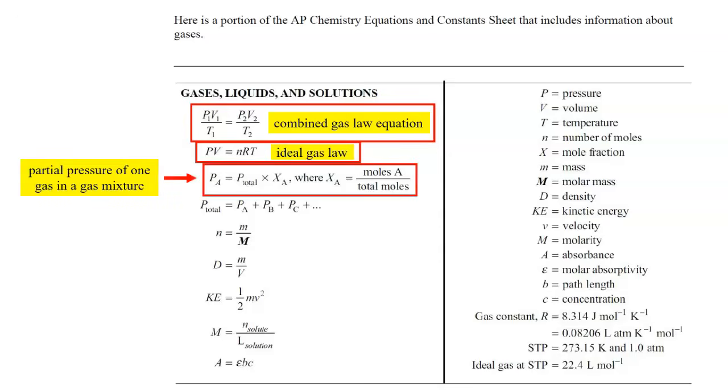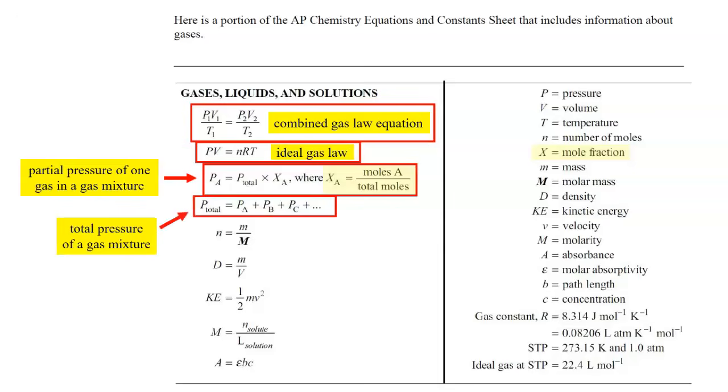So this equation is defining the partial pressure of one gas in a gas mixture as the pressure of component A. So the pressure of component A is equal to the total pressure of the gas mixture times the mole fraction of component A. And the mole fraction is a ratio, moles of A divided by the total moles of gas in the gas mixture.